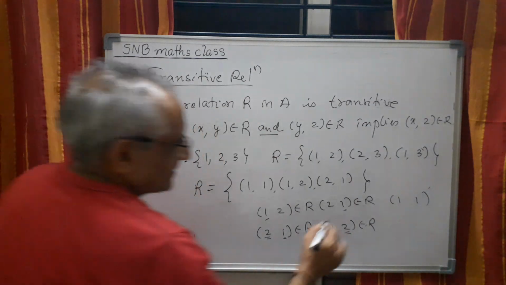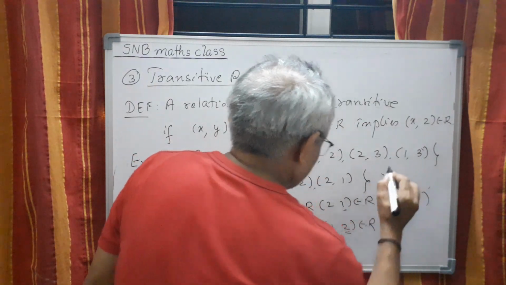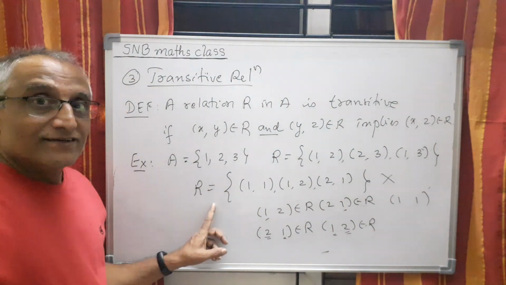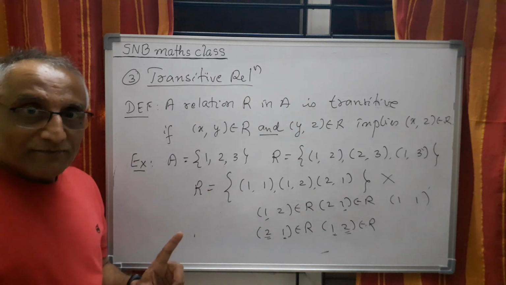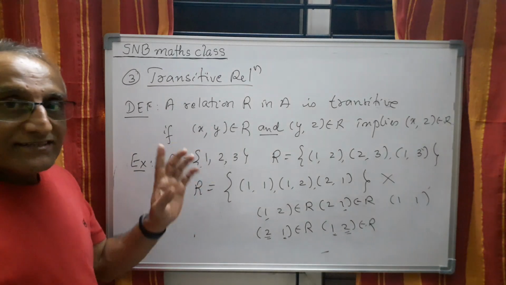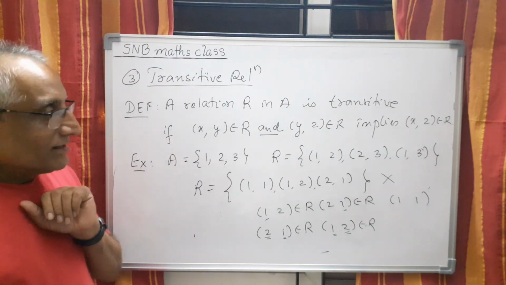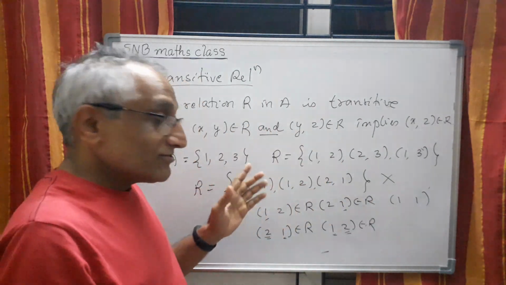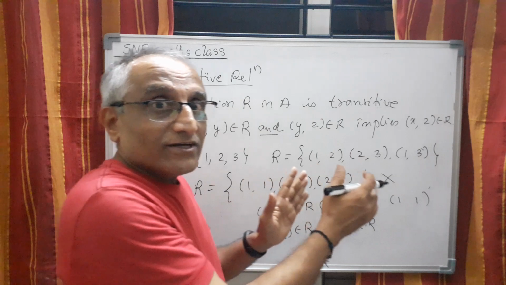But here R does not contain (2, 2). So this is not transitive. So you should be very careful whenever a transitive relation is to be checked. I don't say it is difficult, but it is challenging, because you have to take two pairs together and then check.